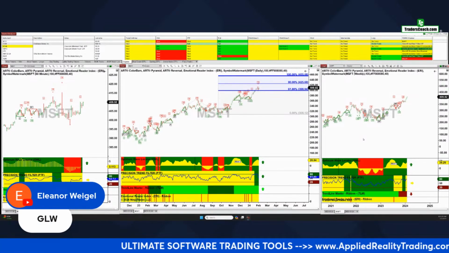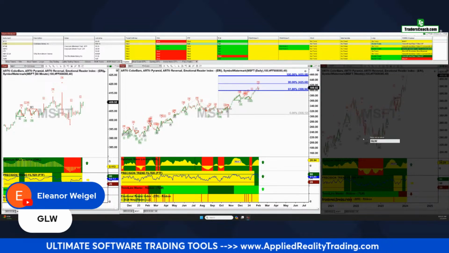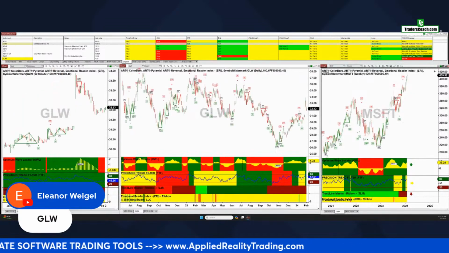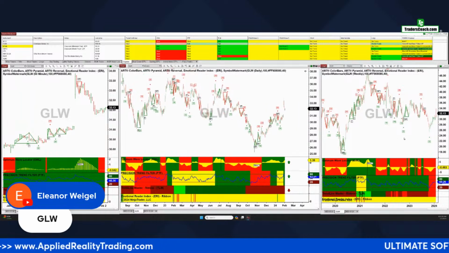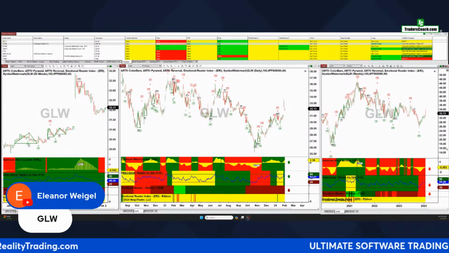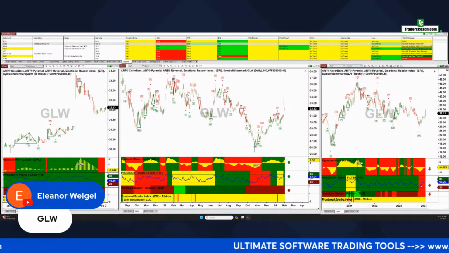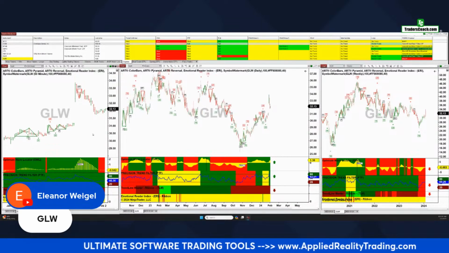Okay, GLW. All right, so red PTF here. That makes me a little concerned. Short term it looks like you're going to go higher.